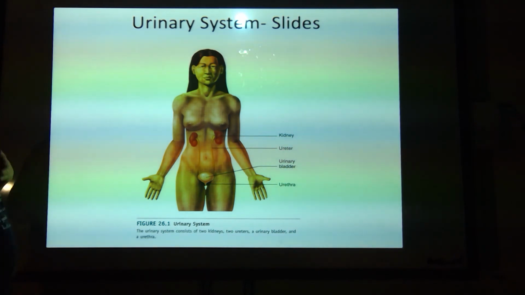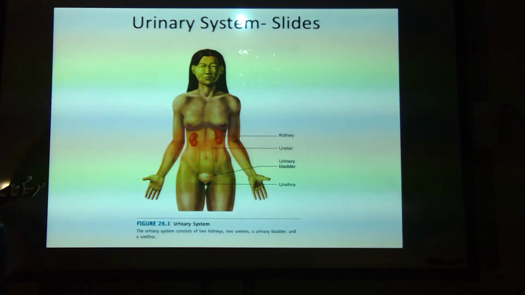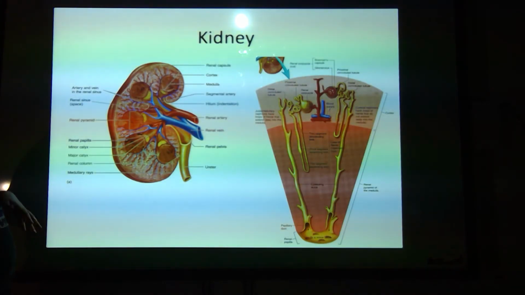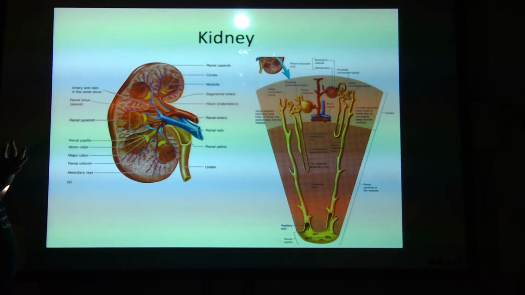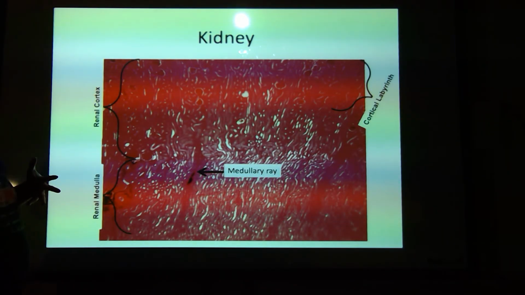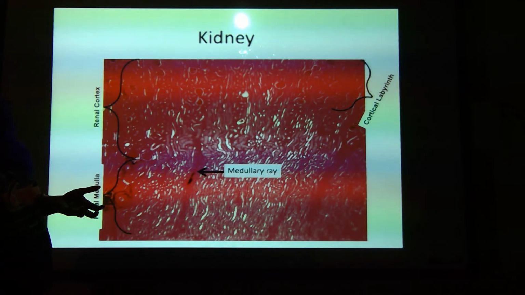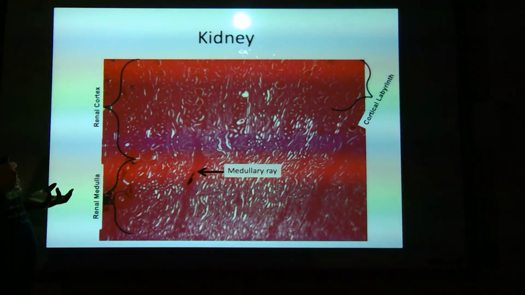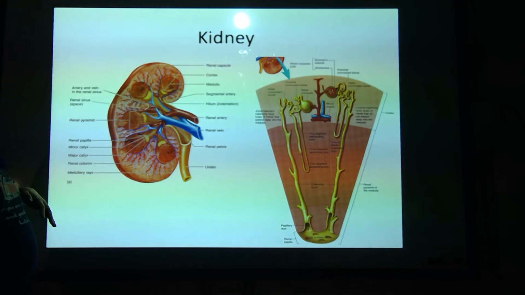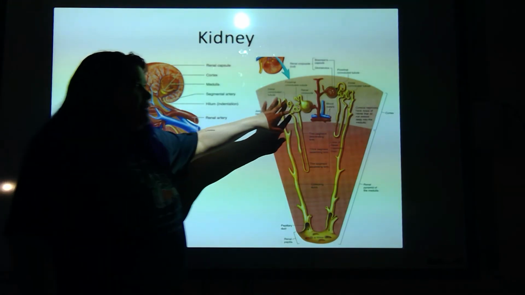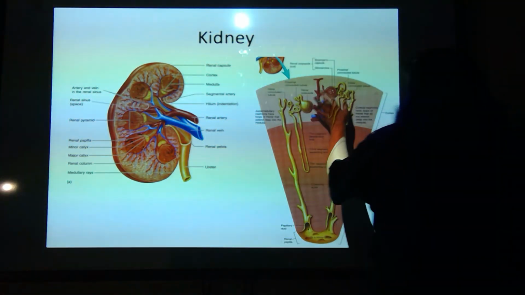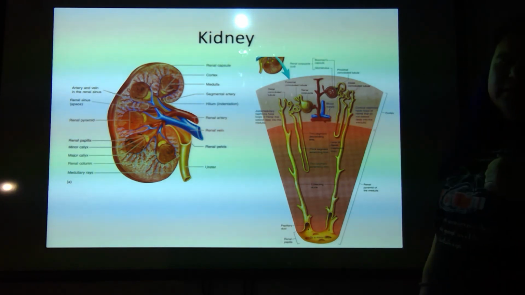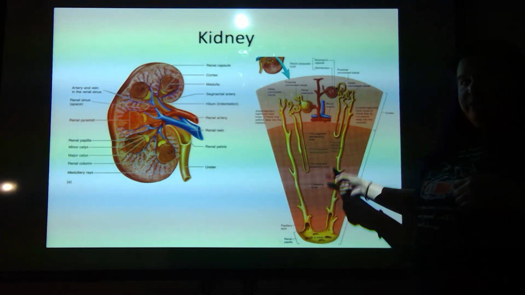So looking at the slides of the urinary system. We saw the kidney, right? But when you look at a slide of the kidney, it's fairly easy to see the difference between where your medulla is and where your cortex is. Notice that all of these glomeruli are in the cortex. You don't see any down here in the medulla.